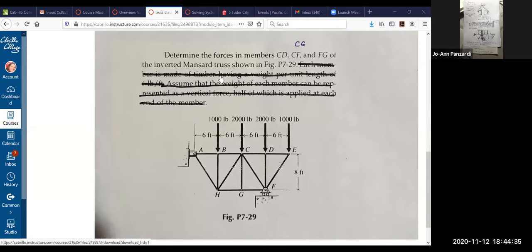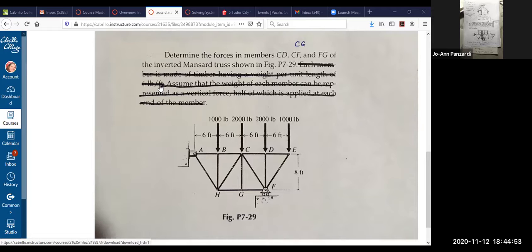I'm back to this problem. So this problem initially said, each member is made of timber having a weight per unit length of 6 pounds per foot. There's a 6 right here.